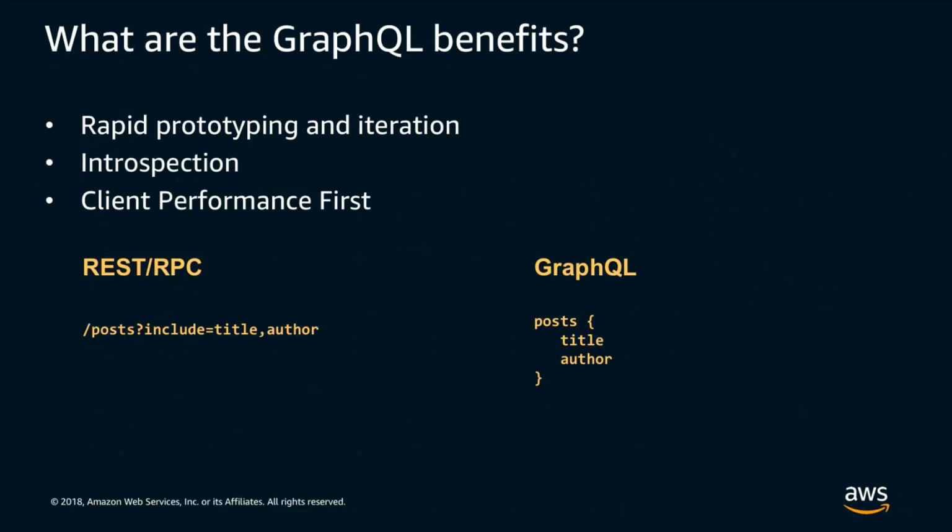What are some of the benefits of GraphQL? If you're aware of how you want to model your data, the amount of effort that is actually required, from prototyping and iterating over it to actually making a call to fetch some data from your data store, is very, very fast. Another important part about GraphQL is introspection support.